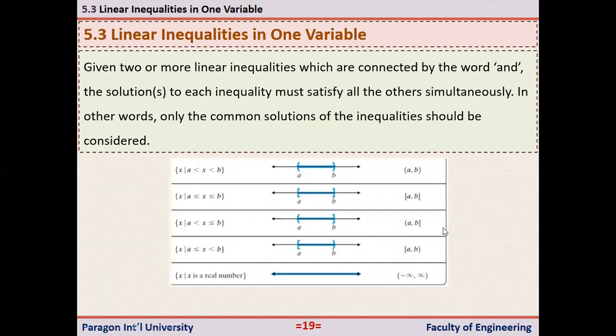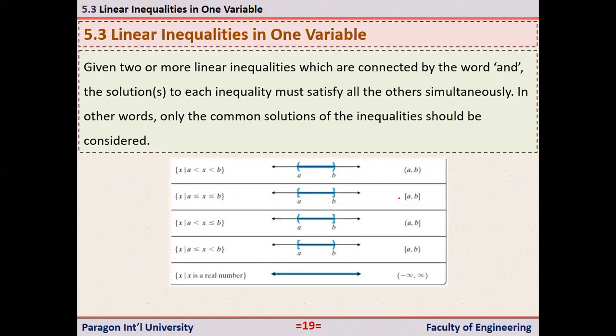Here we have how we illustrate the solution of linear inequalities in one variable on the real number line. For example, if the solution of a given linear inequality is from A to B, this is A and this is B, not including the boundary points, so we are just using parentheses. Or if we have an equal sign, A is less than or equal to X, X is less than or equal to B, that means all the numbers between A and B on this interval satisfy the two given inequalities.